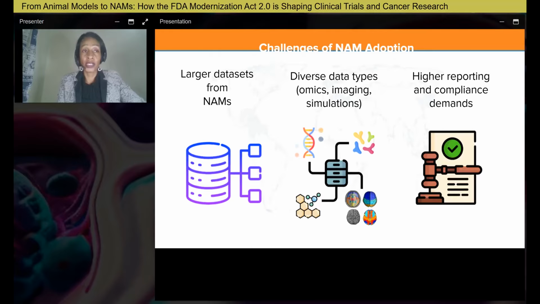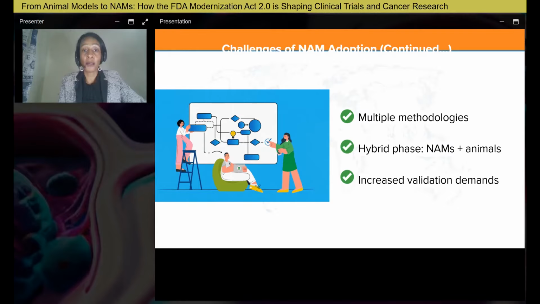From induced pluripotent stem cells, genetic information. And from in silico models, expect to have continuous algorithmic outputs. So labs will need to integrate this data, record it, analyze it, and report it in a way that makes sense to regulators and that is always also compliant. This means higher reporting and compliance demands for labs.